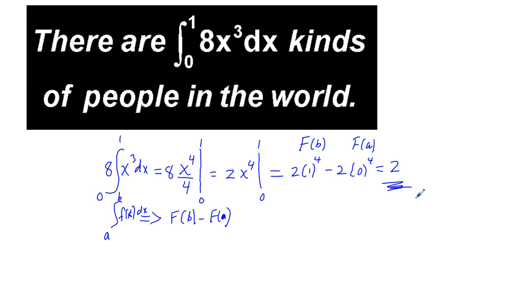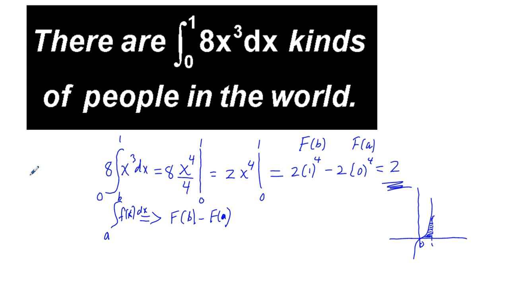And graphically, what it looks like is this. We have a variation of the cubic function that looks like this. Between x equals 0 and x equals 1, it's this slice of area we're talking about here, between the curve and the x-axis between 0 and 1.